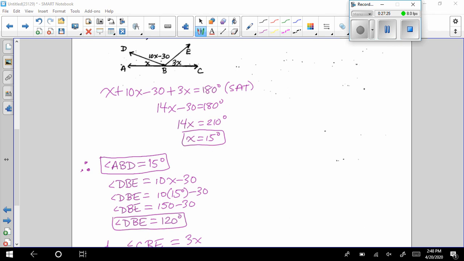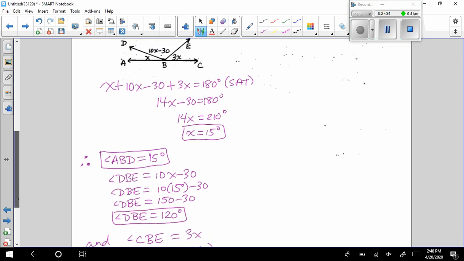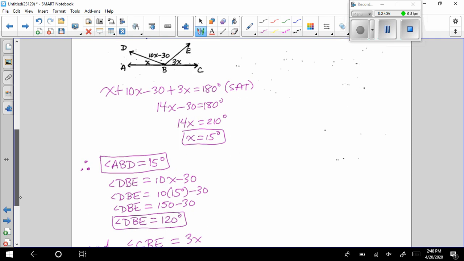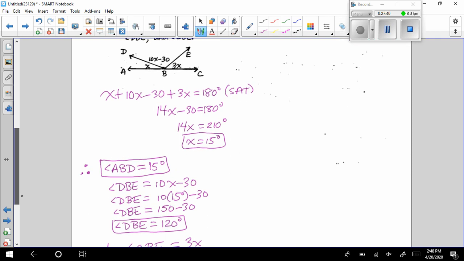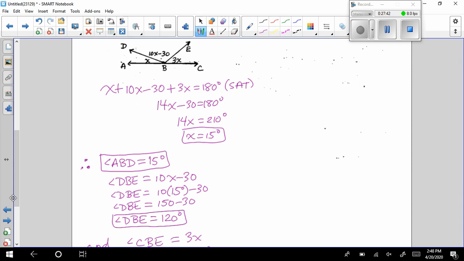Once you know that x value of 15, you can substitute it into each one of the three expressions because this question asked us for the angle measures. So angle ABD was equal to the value of x, so I just write angle ABD equals 15.